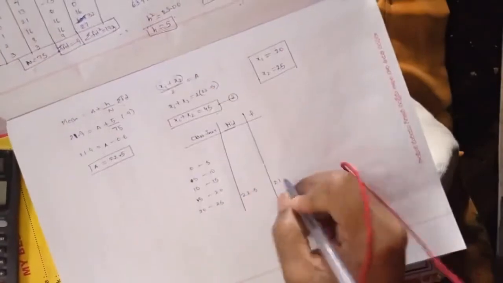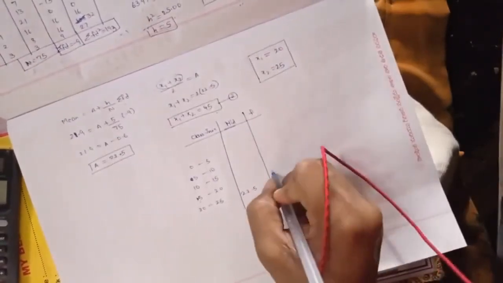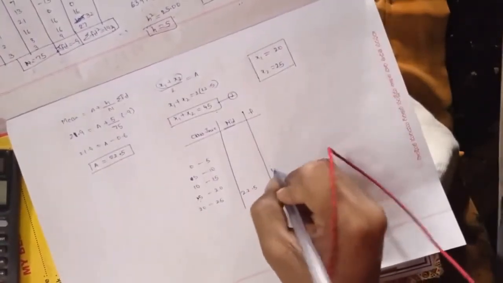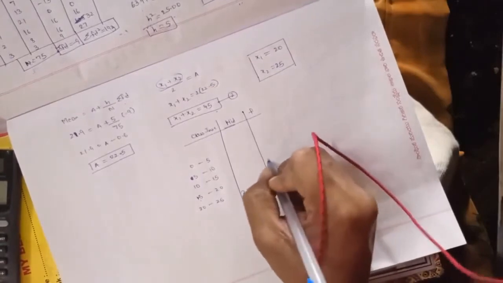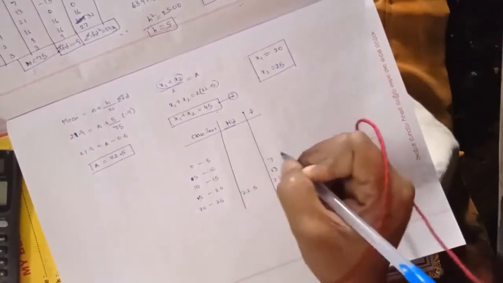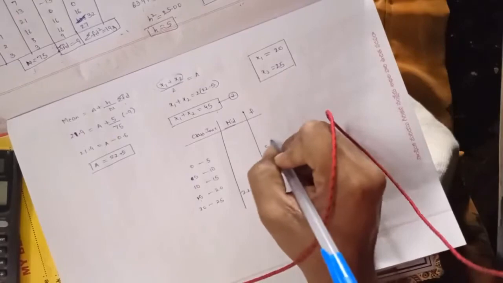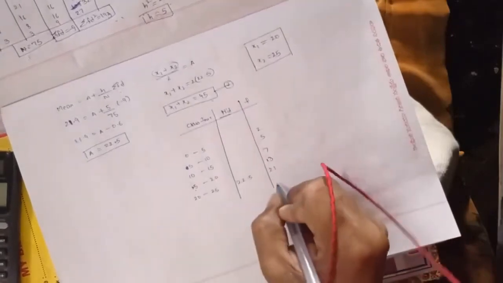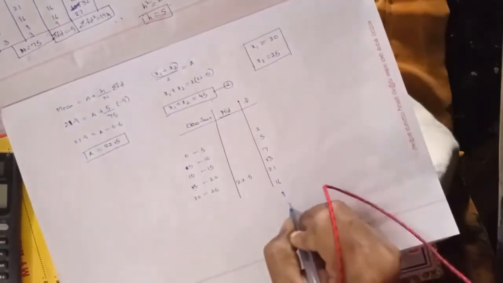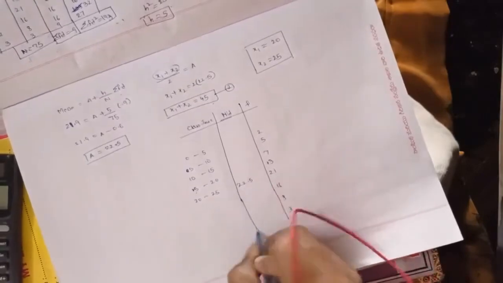So let us write the frequencies first, you won't get confused later. We have 13, 7, 5, 2, and later 16, 8, 3. These are the frequencies.